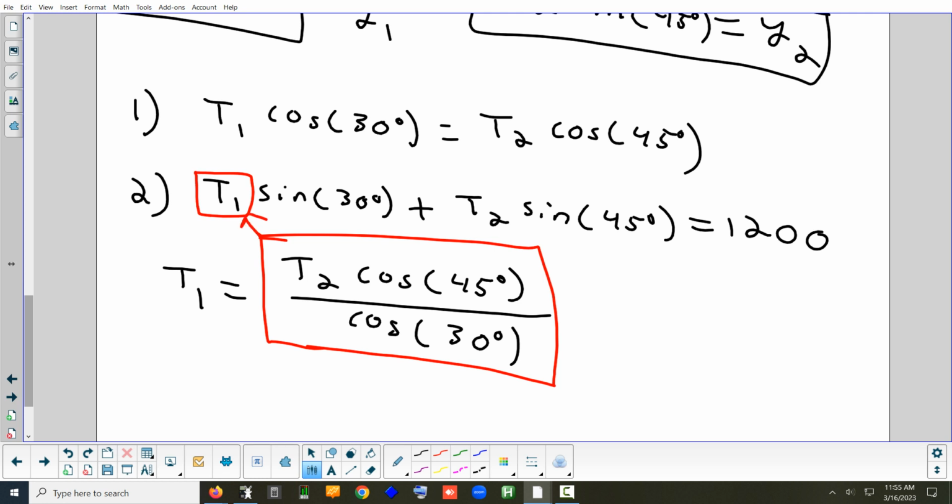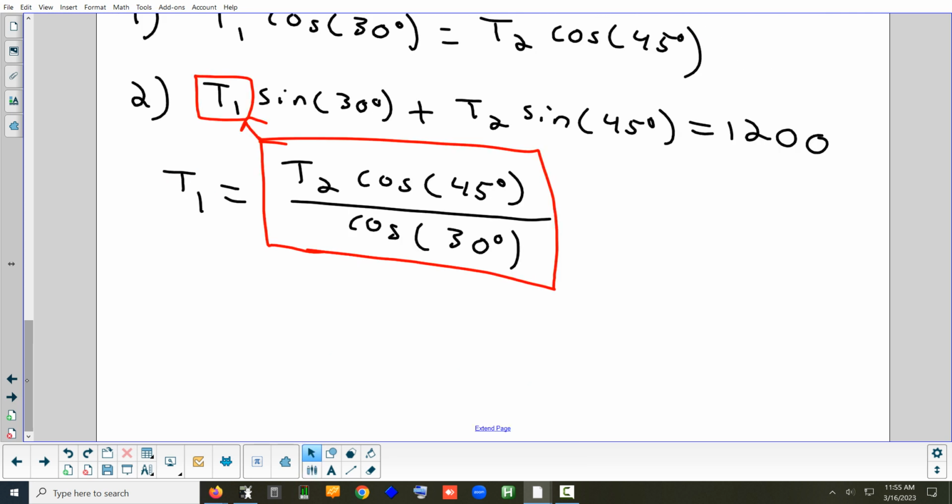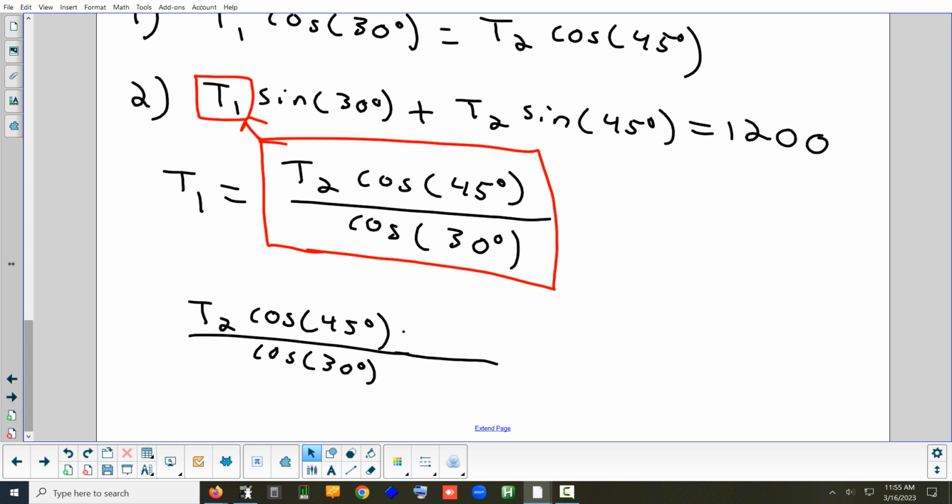And we're going to start doing this out because we're going to have a lot of decimals here. Okay, so we're going to have T2 cosine 45 divided by cosine 30 times what? Sine 30. So I'm just going to put that in the top with everything else. Now I need to know what number that is.